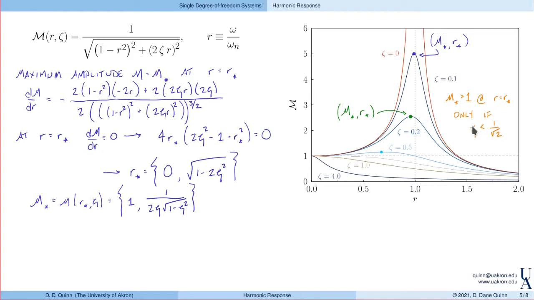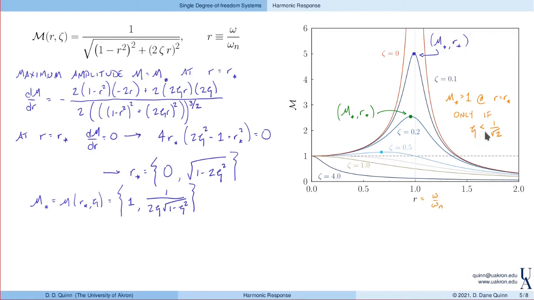So if zeta is sufficiently small, we actually see that the response peaks for some positive value of the forcing frequency. As I increase the forcing frequency, or equivalently r, because remember r was omega over omega n, the amplitude begins to rise and reaches a maximum and then begins to drop again before becoming less than 1.